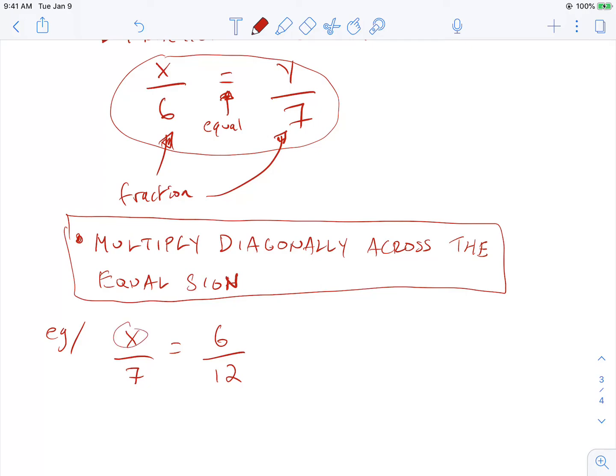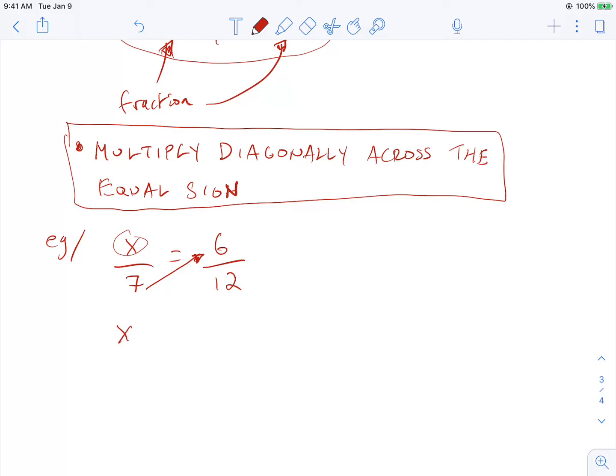If I wanted to isolate for x, I can multiply diagonally. So I'm going to take that 7 and multiply it up. And what that leaves me with is now x, there's no more over 7 because that 7 has now been multiplied up, equals 6 times 7 over 12. So that's going to be x equals 42 over 12. And we can reduce that or put in a decimal straight away. That gives you 3.5.